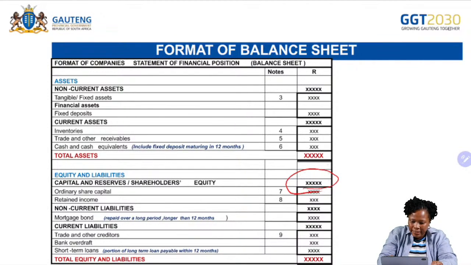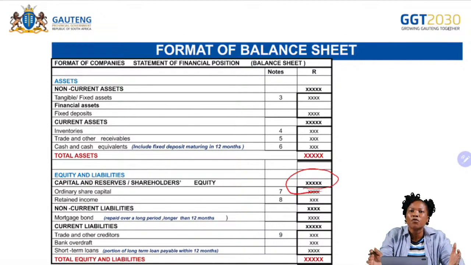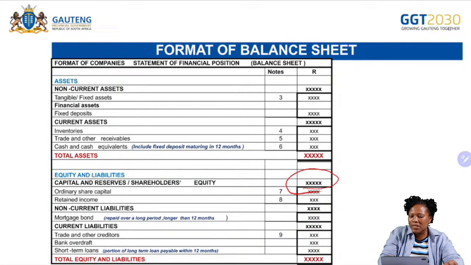Remember, it is the composition of your ordinary share capital as well as your retained income. So you will take that total and then also take your non-current liabilities. Normally under your non-current liabilities, we will only have one item, only the long-term loan. Therefore, you will take that total.